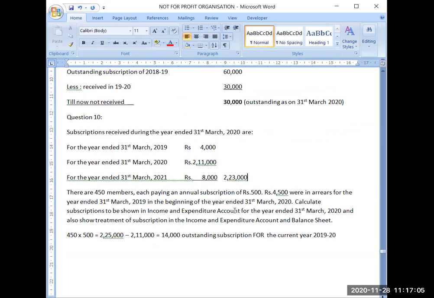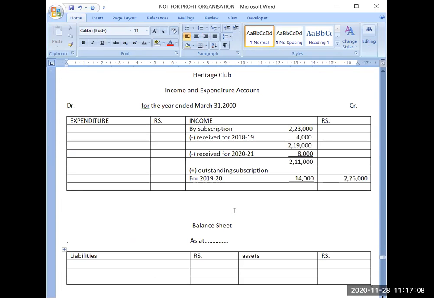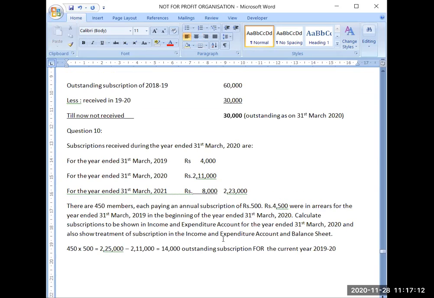Now we have to represent them in balance sheet also. So now see, one more point is there. You just tell me what is the amount of outstanding subscription last year. Read the question carefully. You are telling me the amount which we have received for the last year outstanding.